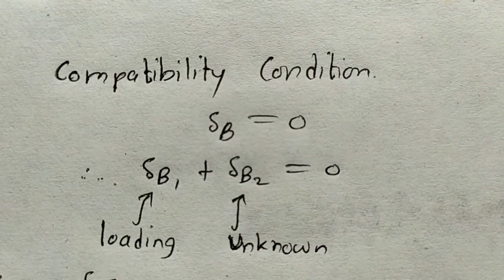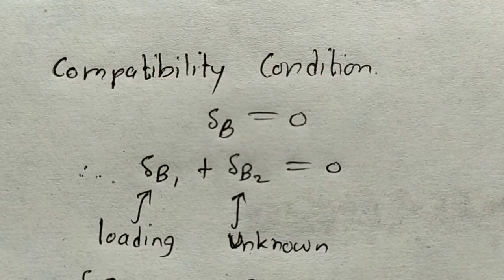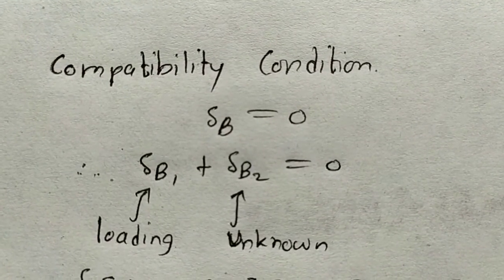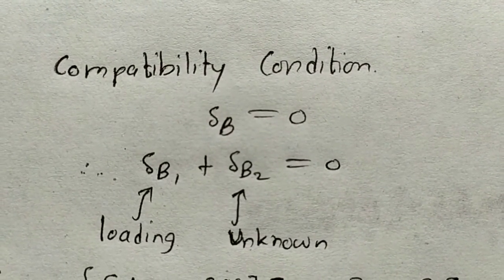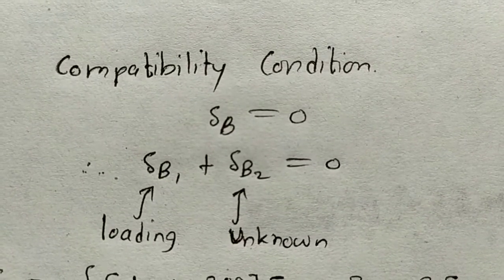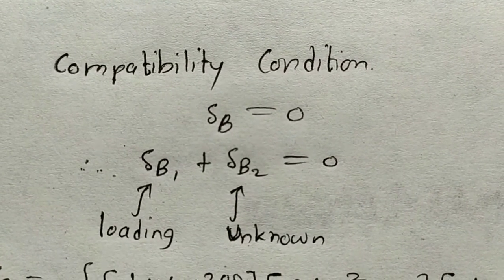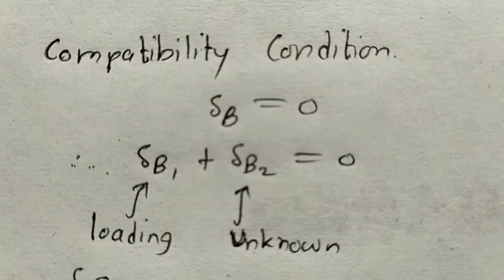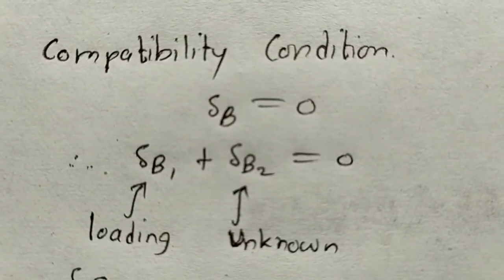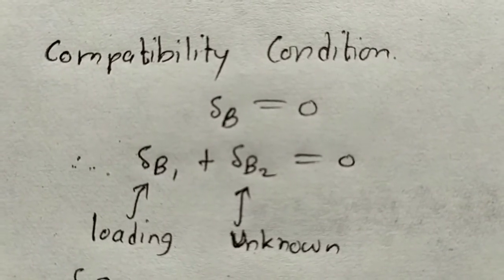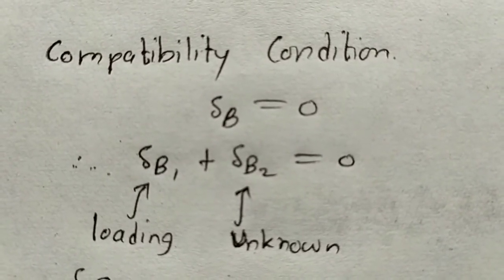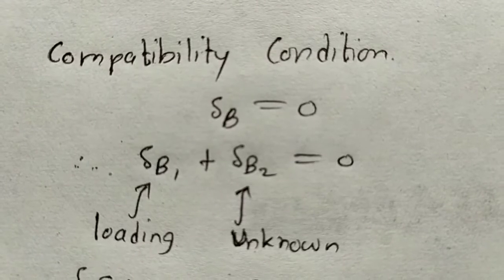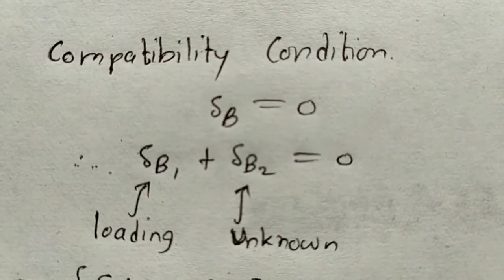Now to solve the given example you have to use the compatibility condition. So here we will use the compatibility condition, that is delta B equals 0. As we have taken RB as unknown, the compatibility condition is to be written by considering joint B only.